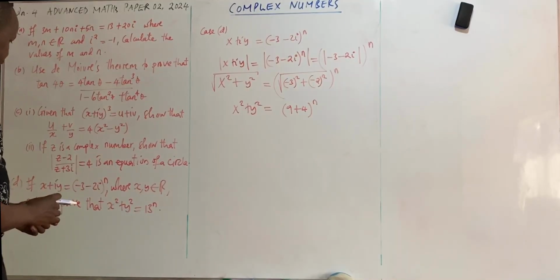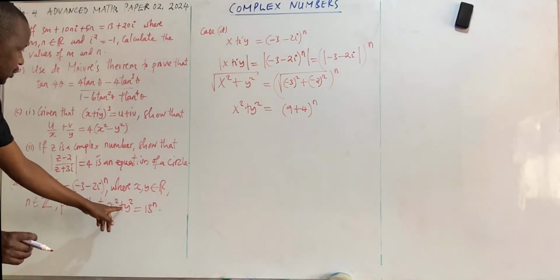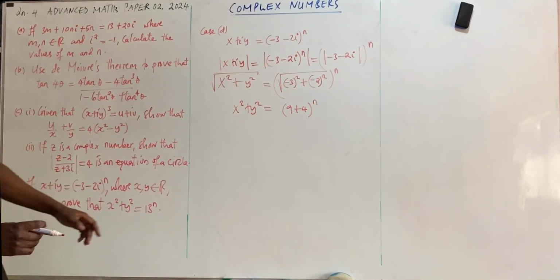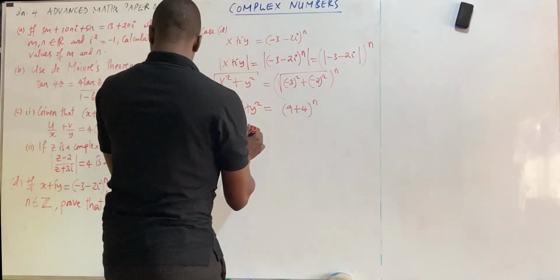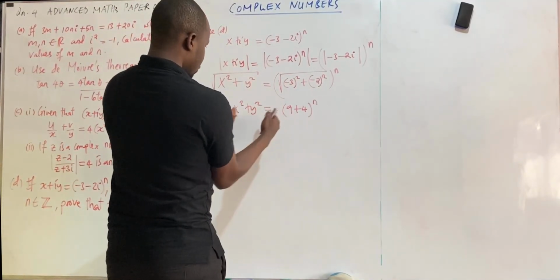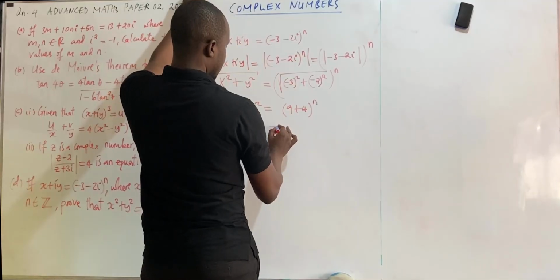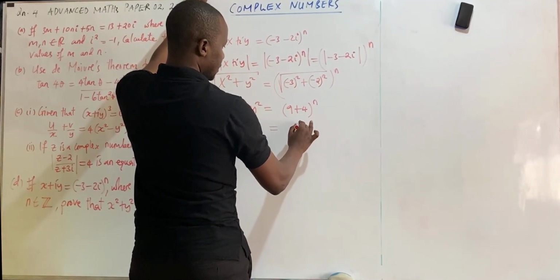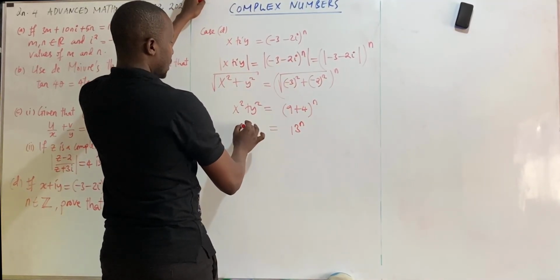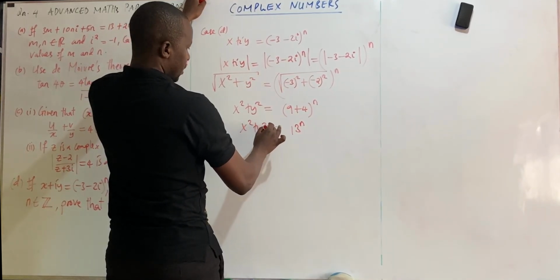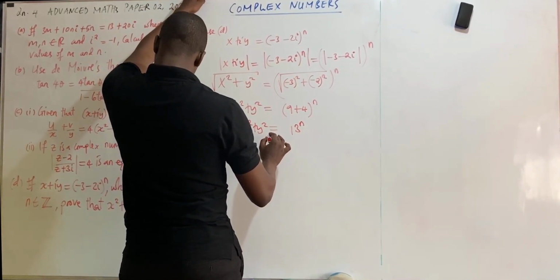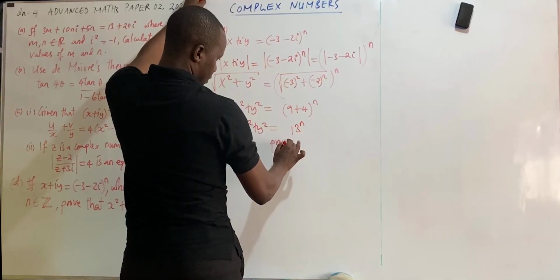From there you can see we are approaching what we are supposed to prove. If we consider the right-hand side to show the left-hand side, we can proceed by saying this will now be 13 raised to n. And from there you have shown it, so we have proved it.